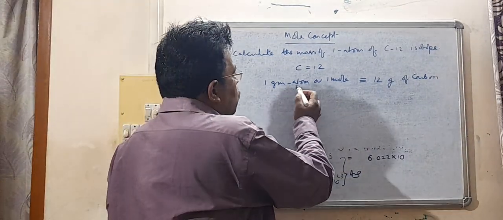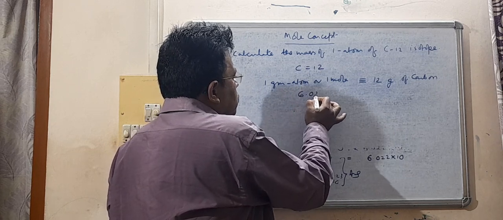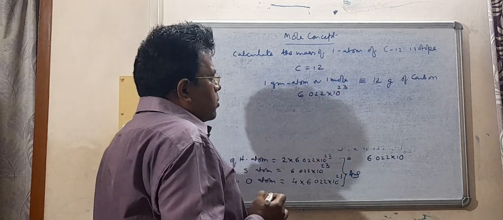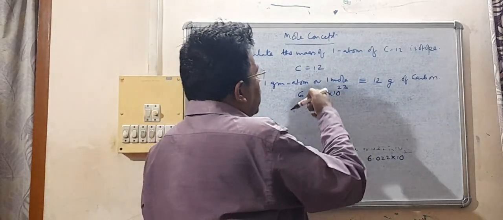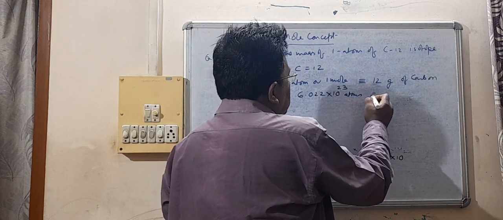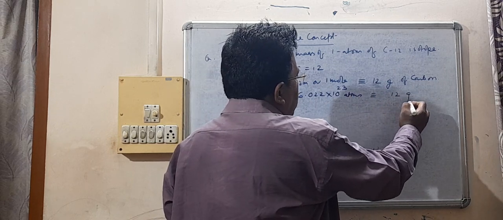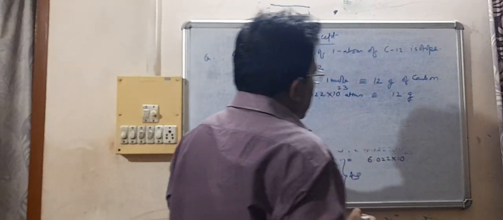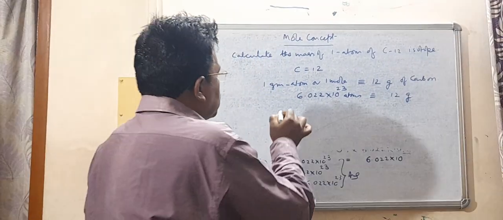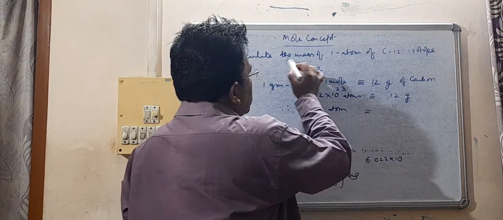or since 1 mole has in it 6.022 into 10 to the power 23 particles, and here the particle is an atom, this much atoms has mass 12 gram. So therefore, we are asked to find the mass of one atom.